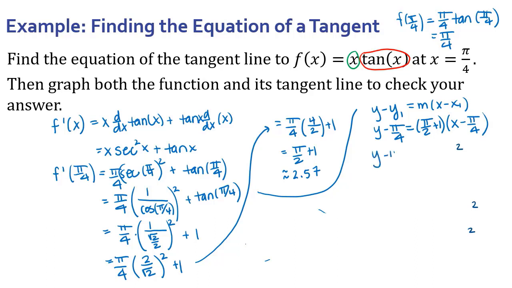So I get y minus pi over 4 equals, distributing this all through, pi over 2 x minus pi over 8 plus x minus pi over 4.